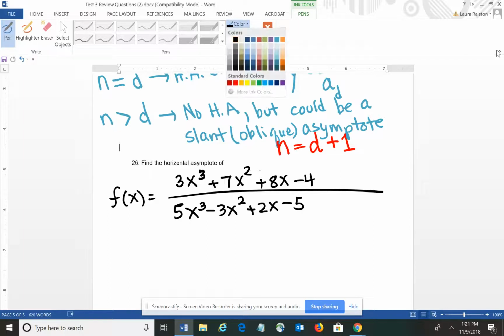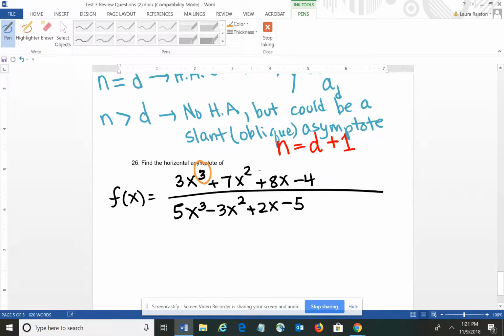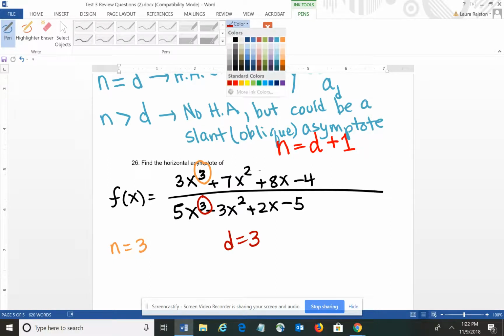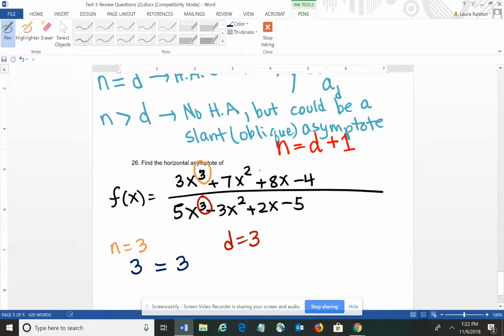So in this case, the degree of the numerator, which is the highest exponent, is 3. The degree of the denominator happens to also be 3. I compare those: 3 equals 3.